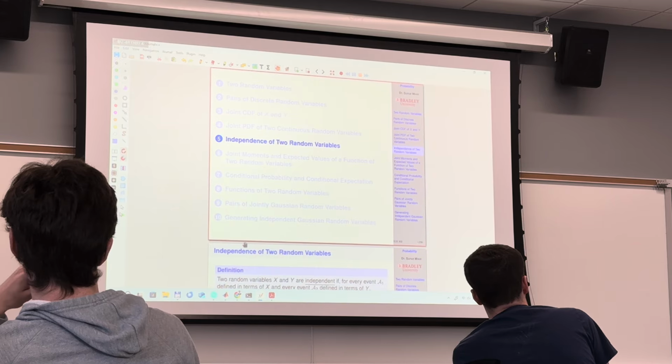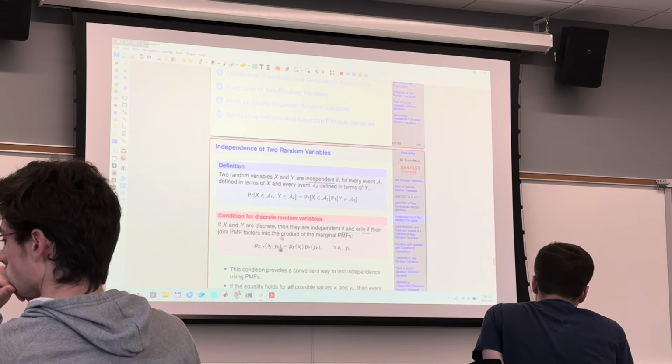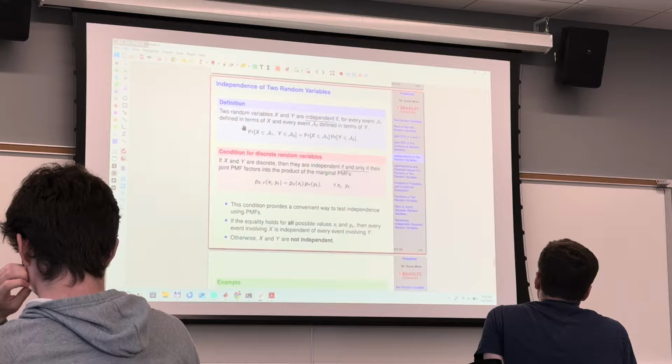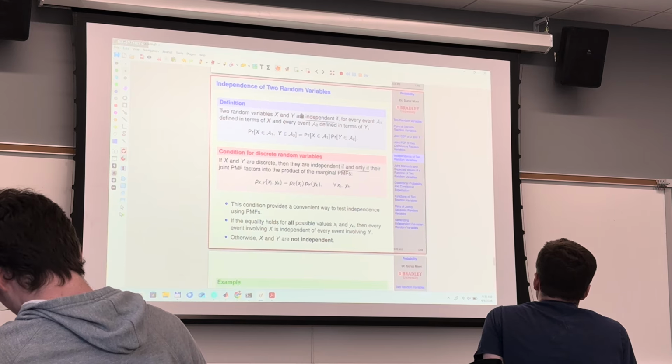Okay. So now, given we went through this example, the topic here pertains to independence of two random variables. It's a piece of cake.